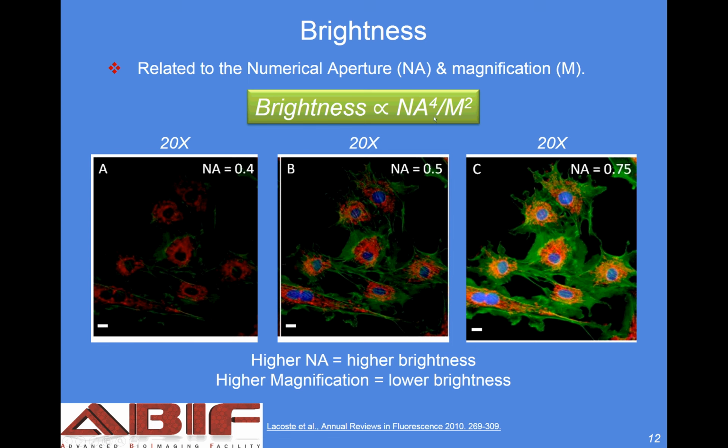This is a really strong dependence because it's numerical aperture to the 4th power. The numerical aperture comes into play both with focusing the light on the sample and with collecting the fluorescence emission. You'll also notice that the brightness scales inversely proportional to magnification squared, and we'll come back to that later, but that's really important in choosing the right lens for sensitivity.